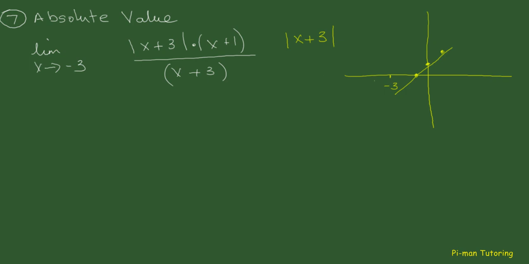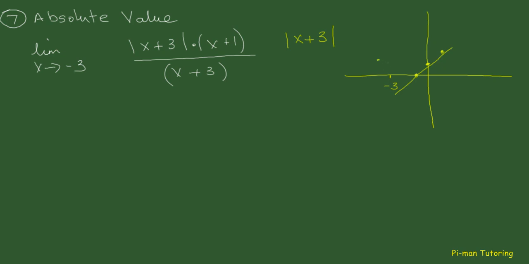And when we are at x equals -4, x plus 3 will be -1, but the absolute value of that will be +1 multiplied by -4 plus 1 would be -3, and we're dividing that by 1, so we're going to get a value of -3 up here.